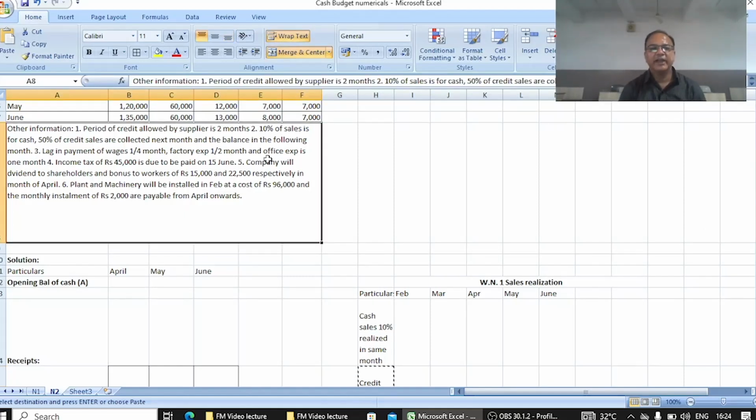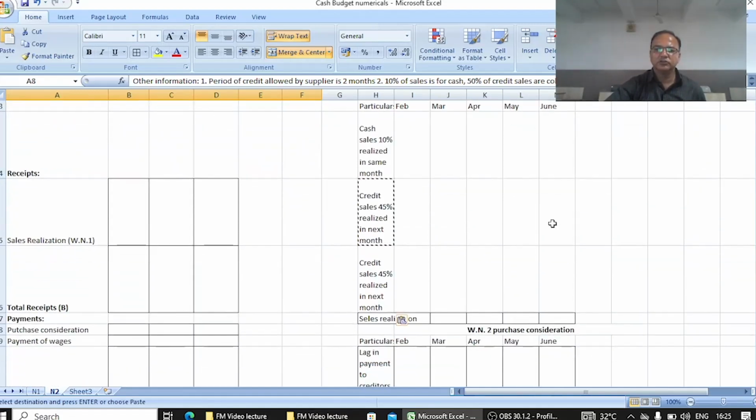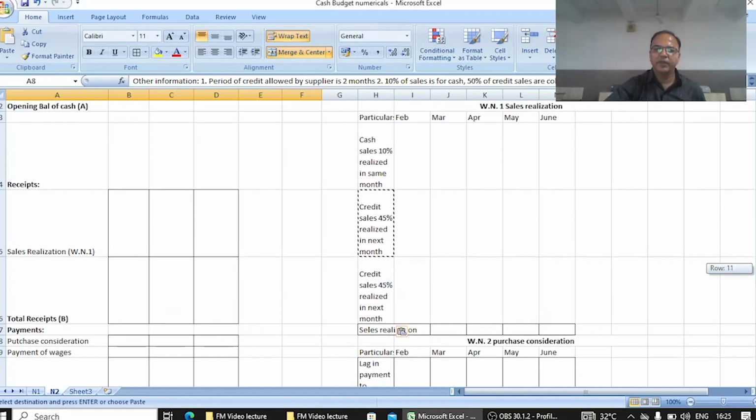It means 10% is collected in the same month and 50% of credit sale. It means 45% of total sale and 45% of total sale. So we write in this way.